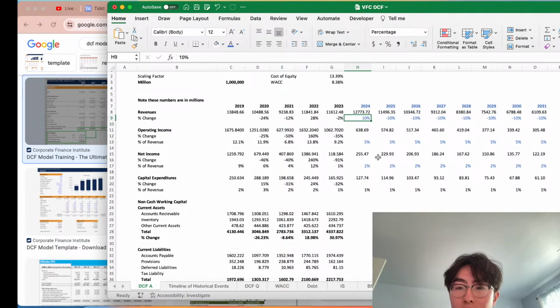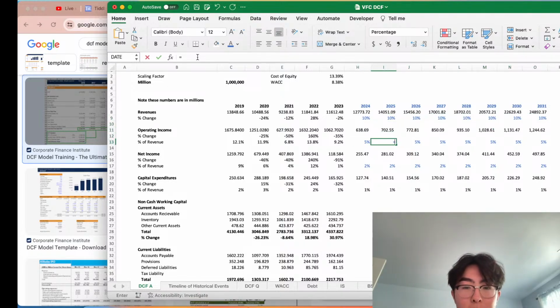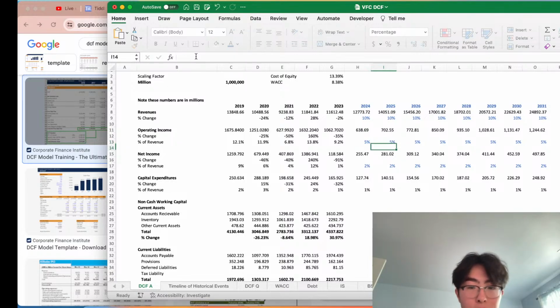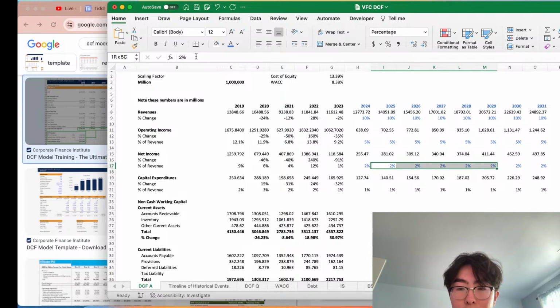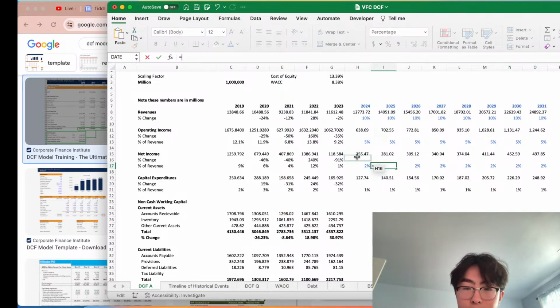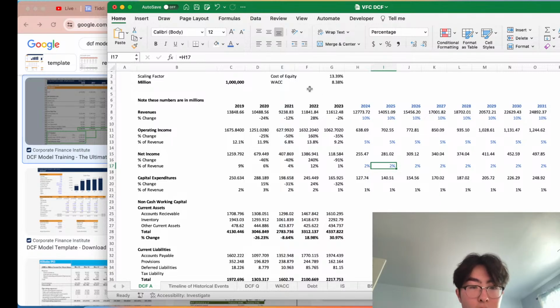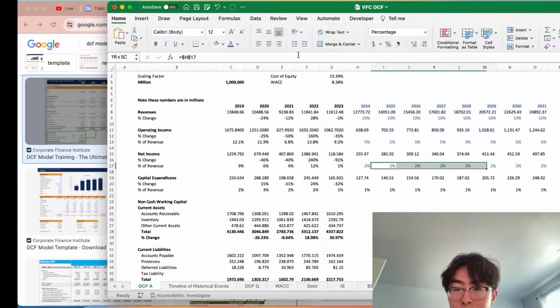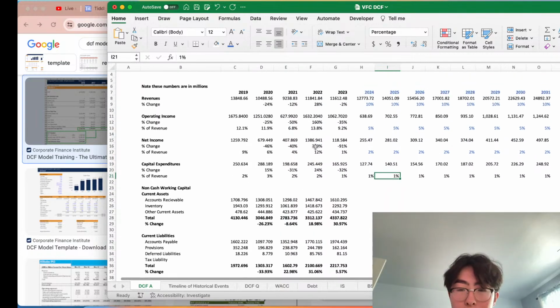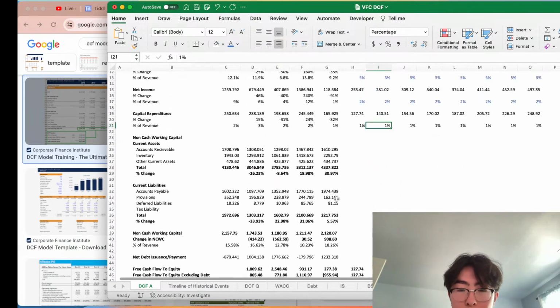Oh yeah, revenues increase by margins. See. What's happening? 20?